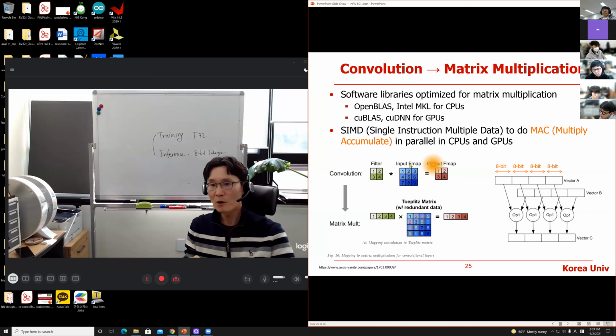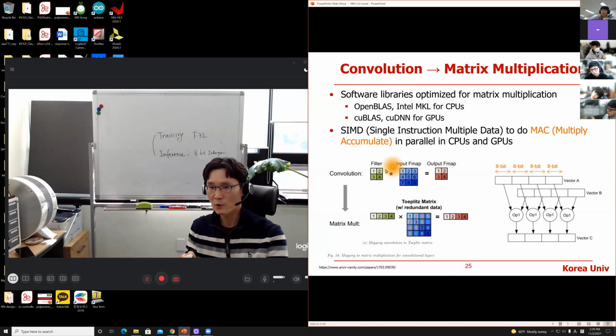Again, you can think of it as an input image and a filter. A 2 by 2 filter, a 3 by 3 input image, and you do convolution. These 4 pixels and the filter give you the first data.